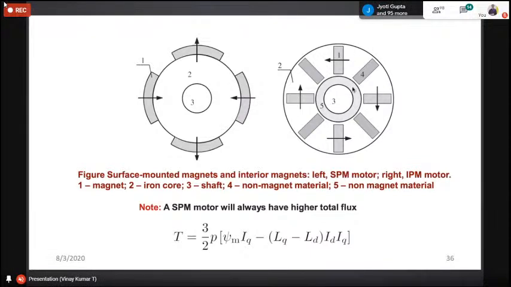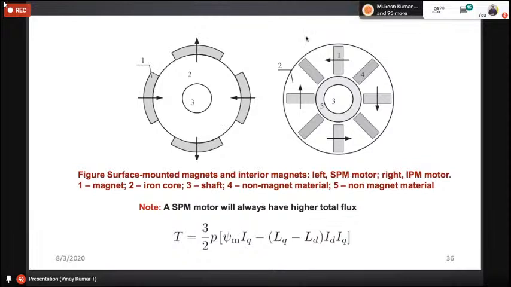Come to the interior one. Here the core is there, ferromagnetic material is there. With respect to this point, take the pole axis. The permeability of the permanent magnet is equal to air. Compared to iron, air permeability is very low. Iron permeability is more, so reluctance is very less. With respect to this point, the magnetic axis reluctance is more.